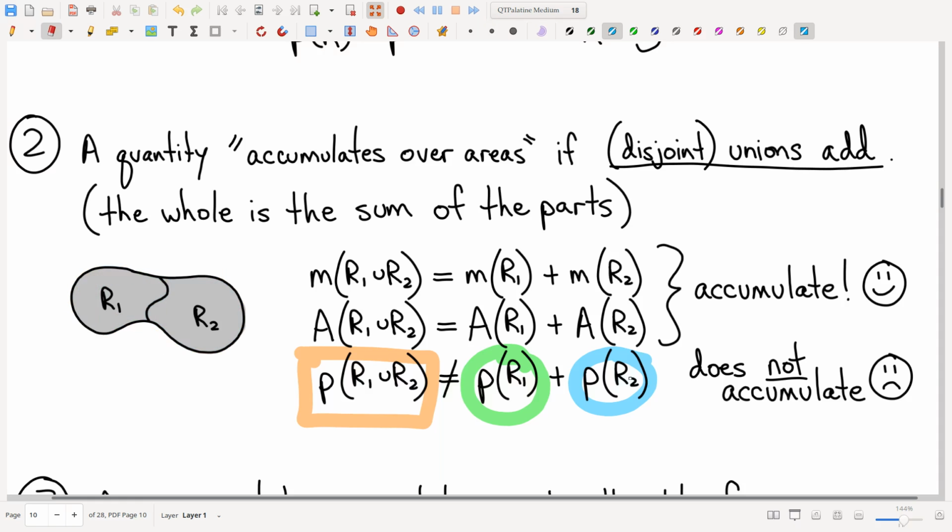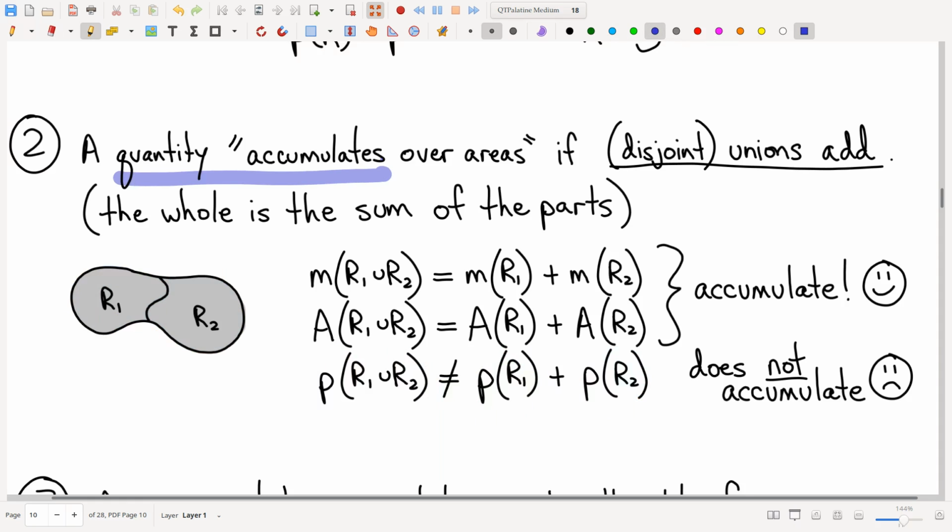Alrighty. By the way, just a little fine point. Specifically, when I say accumulating quantity, you'll notice that I've specified here, these are quantities that accumulate over areas. And what I mean by over areas is that it's the area, specifically, that I'm going to cut up into pieces.